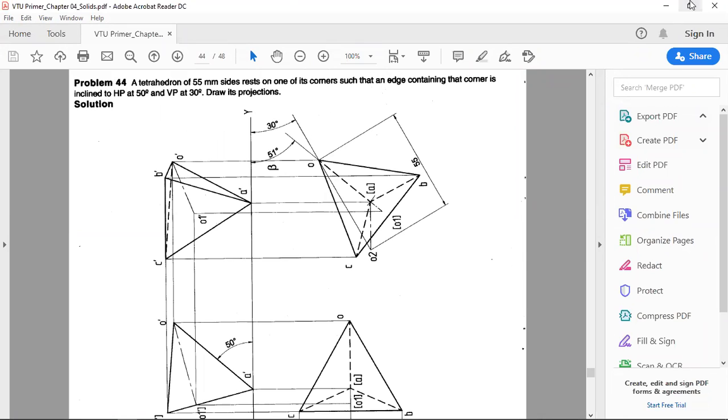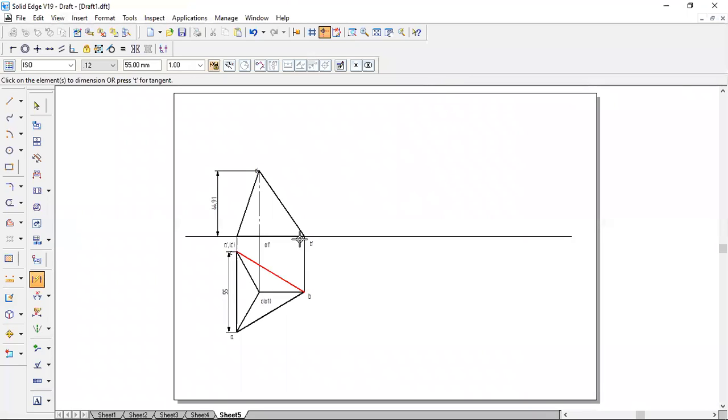Here the edge is nothing but the vertical edge containing this corner, and it is resting on B dash. So the vertical edge containing this corner is O dash B dash, and this is inclined at an angle of 50 degrees.